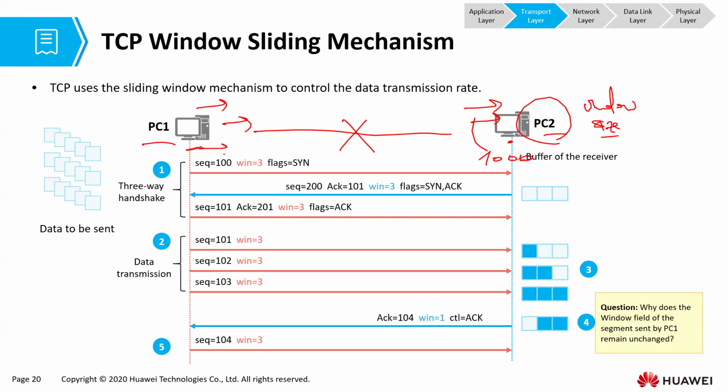Therefore, PC1 can send 1000 bytes, and it waits for an acknowledgement after sending those 1000 bytes. So window size basically tells the sending device quickly what I'm capable of processing at the moment. If our transmission is proper, there is no congestion, and our link is fine, maybe the window size can increase.